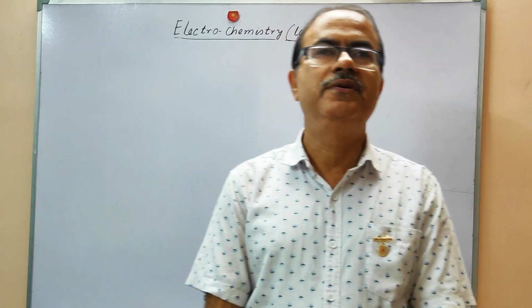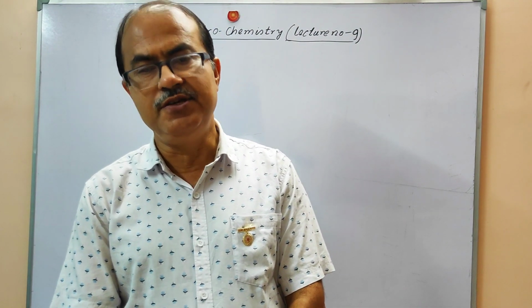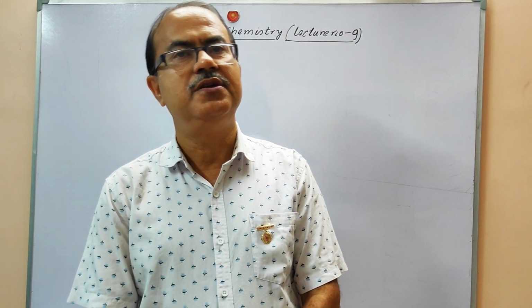In the third lecture we discussed the applications of the electrochemical series. You will find it is a basis for electrochemistry. The electrochemical series is going to guide us in how we can construct a cell.